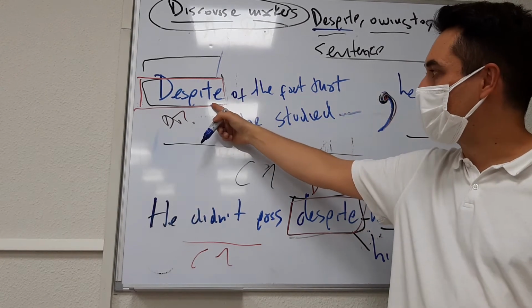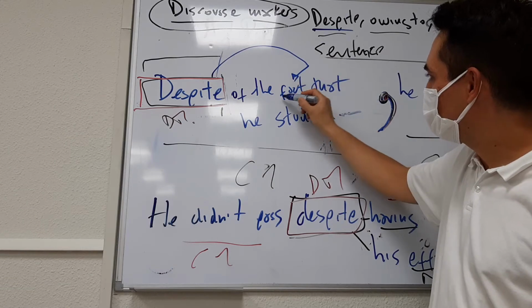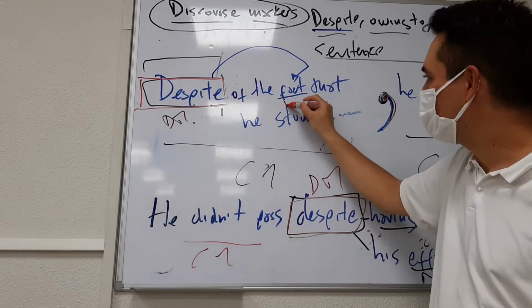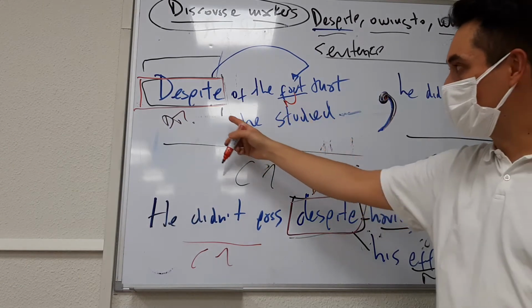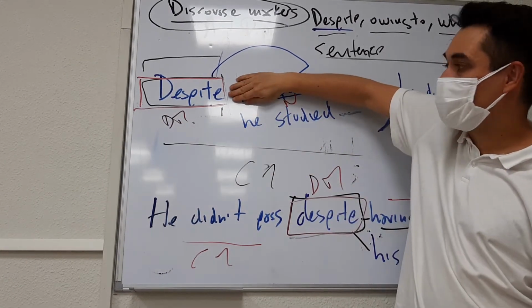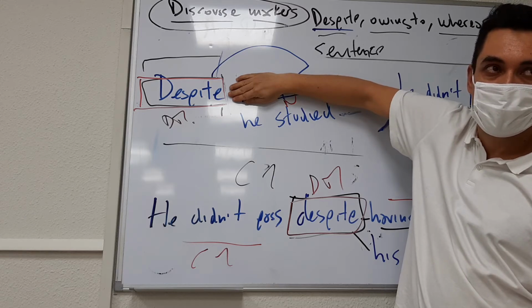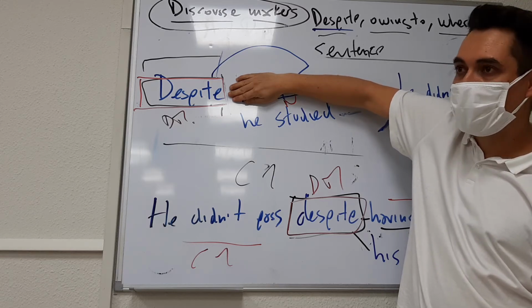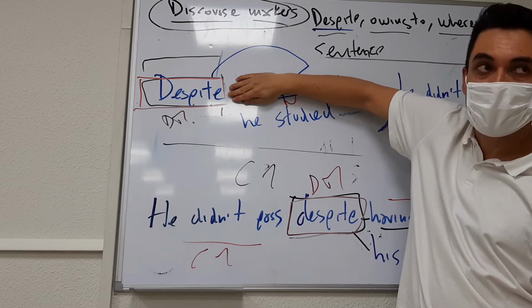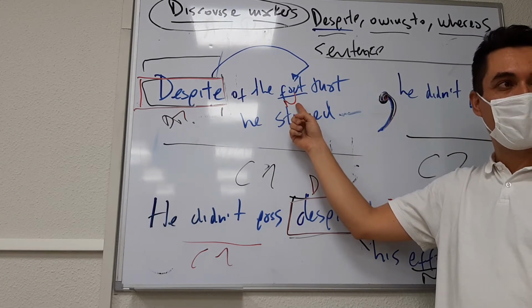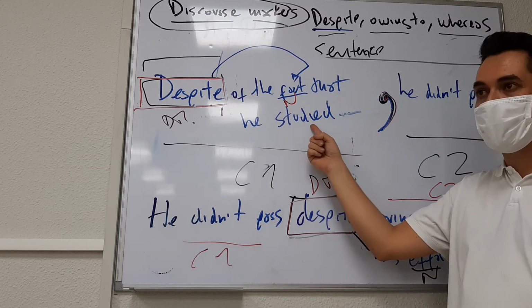Because after despite, what do you need? What do you need after despite? A noun. So if you say "despite he studied," is that right or wrong? That is wrong. After despite, what do you need? A noun or -ing. Is this a noun or -ing?